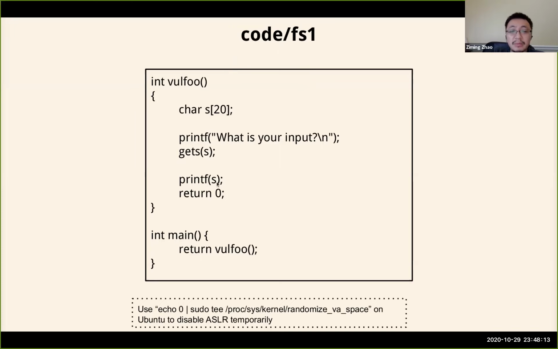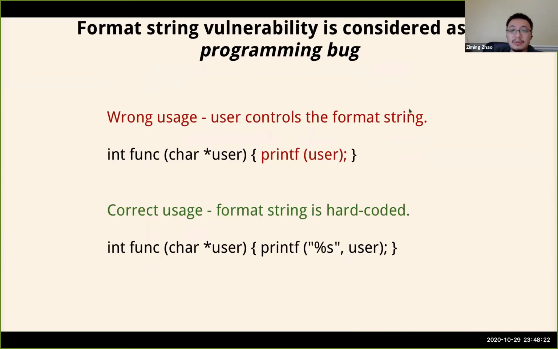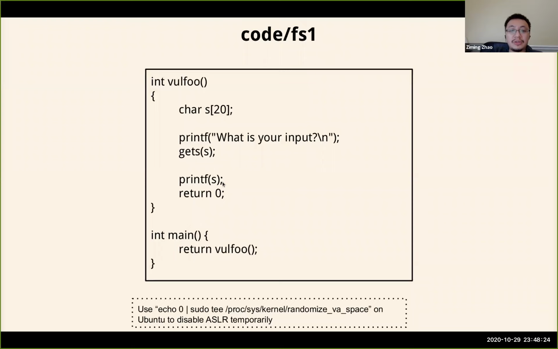Then it will simply print out this. So do not think about the buffer overflow. What is the problem we have? This is exactly the problem we just described. You are using some user input, which you cannot trust, as a format string, right?